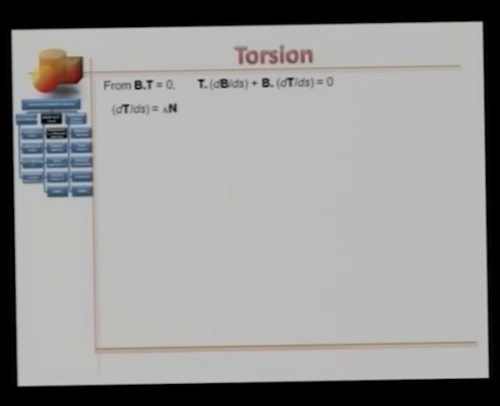And we can use the definition dt over ds equals kappa times n and substitute this expression here. What we find when we substitute is that b dotted with n will be 0, which would make t dotted with db over ds equals 0.